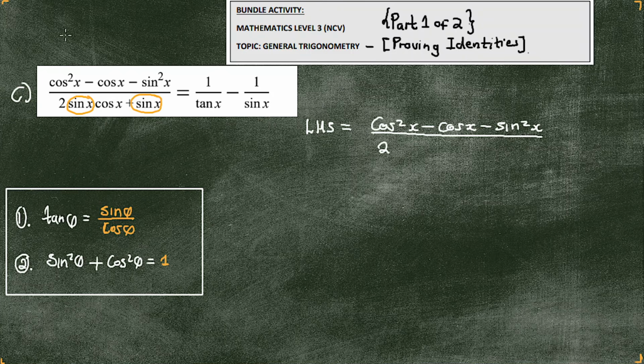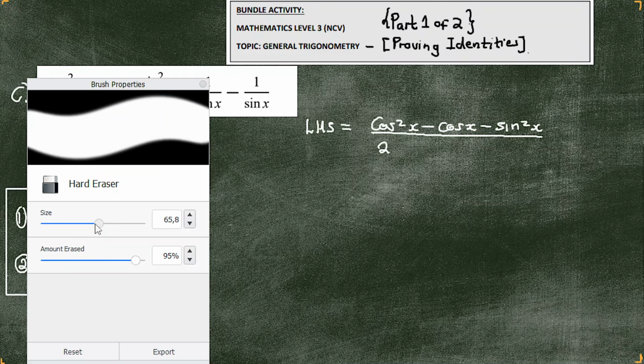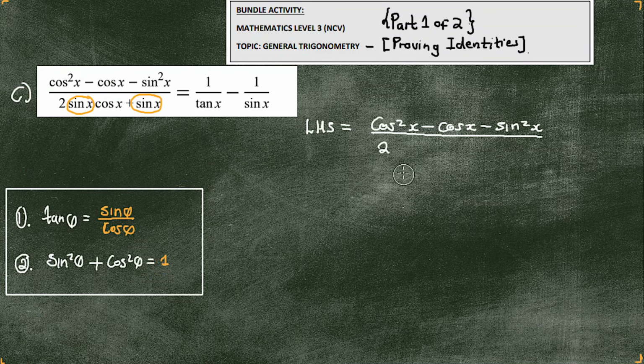One of the rules that you should keep in mind when solving identities is asking yourself if there are any common factors, right? So when I look at the denominator here, I can see that there's a common factor. Let's take it out. Sine x, I'm now left with 2 cos x plus 1.